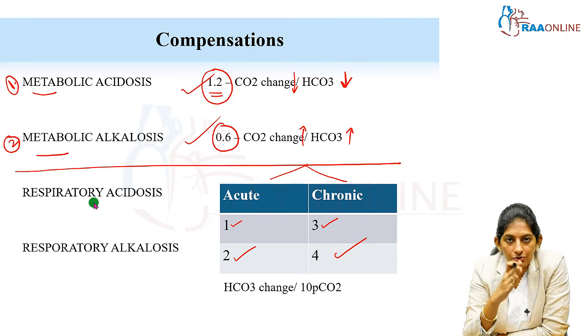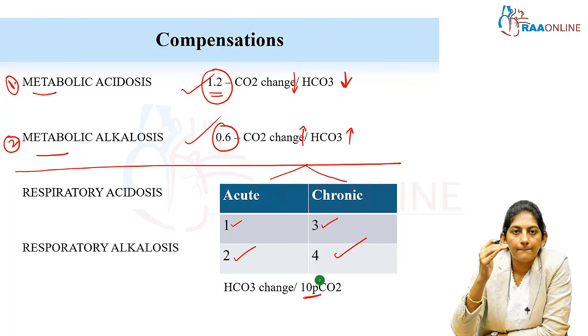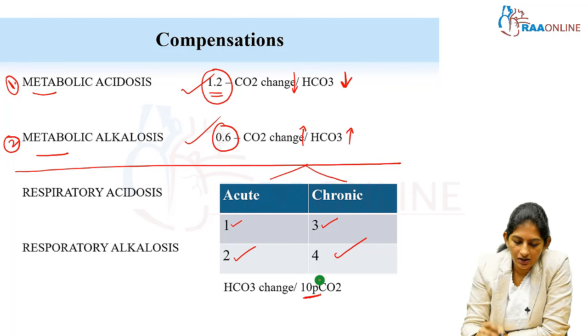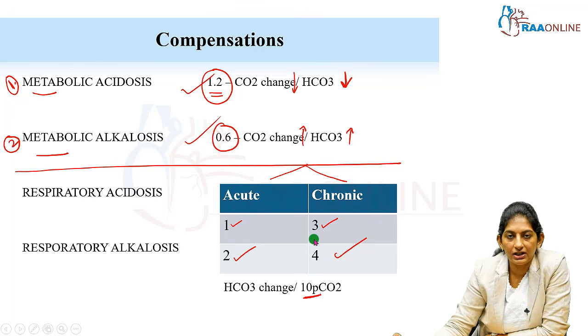If it is an acute respiratory acidosis, for every 10 PCO2 rise, there will be 1 rise of bicarbonate. If it is a chronic respiratory acidosis patient like COPD, BPD patients, for every 10 rise in PCO2, there should be 3 rise in bicarbonate. Okay. So, this is for respiratory acidosis.